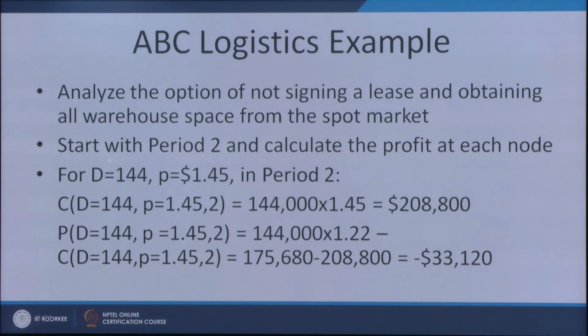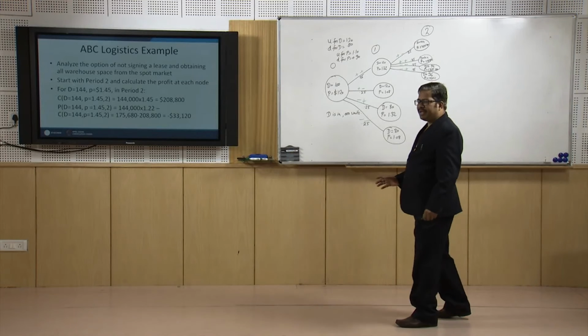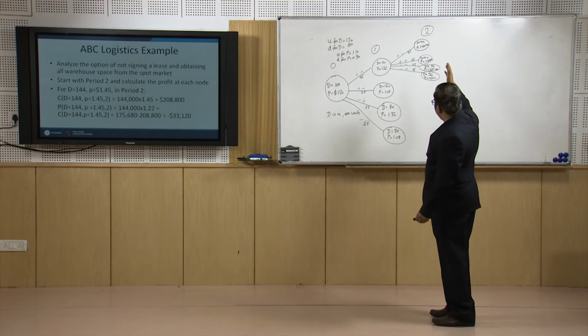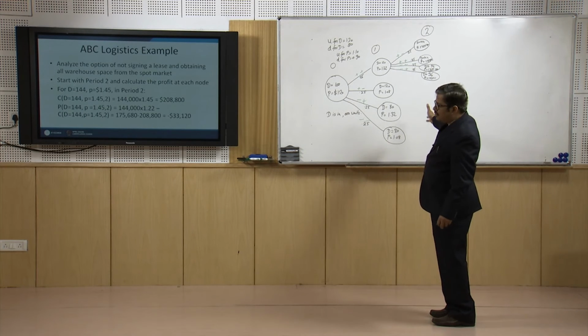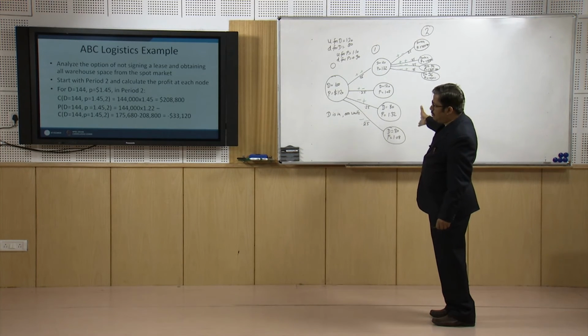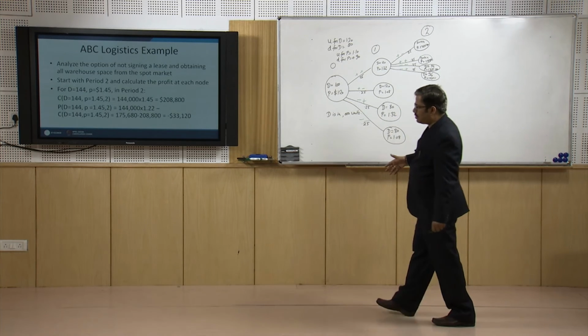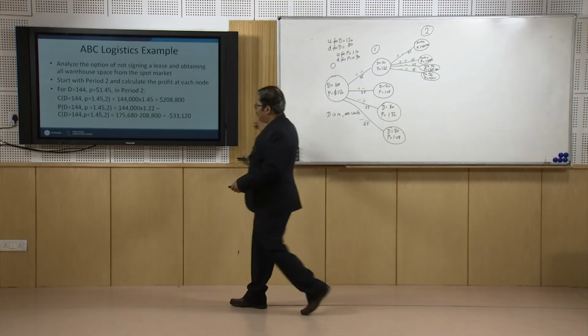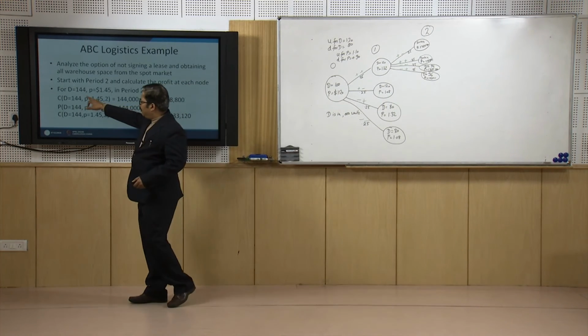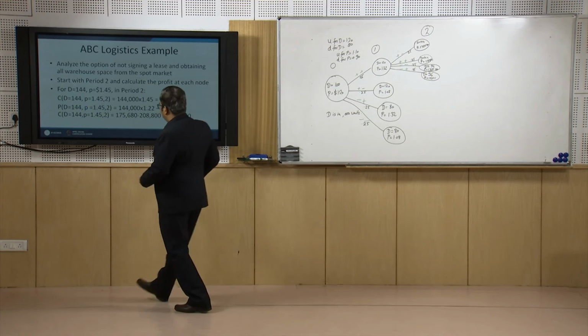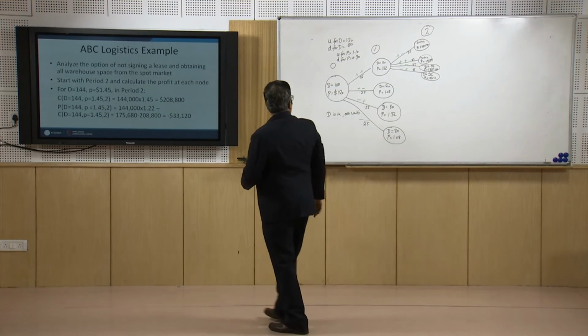a spot market. So, as we mentioned that we need to start from the last period. So, we will start with the period 2 and calculate the profit at each node. So, in this case, for D equals 144 and price 1.45.